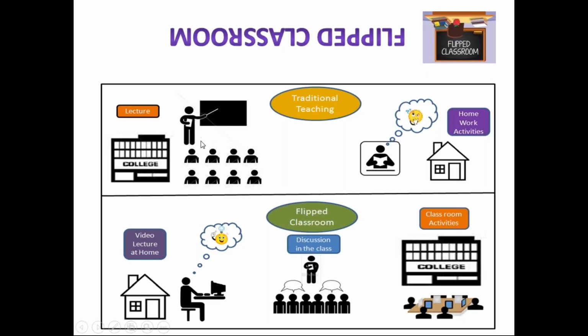Students gain whatever the teacher delivers in the classroom, and the teacher gives some homework activities to the students. When the student goes home and tries to do the homework activity, the student has a lot of doubts in their mind about what they have learned during the class, because they may not be attentive for the complete lecture, or they may not have understood some concepts which were not clarified. That may be the reason the student is not able to solve some homework activities.